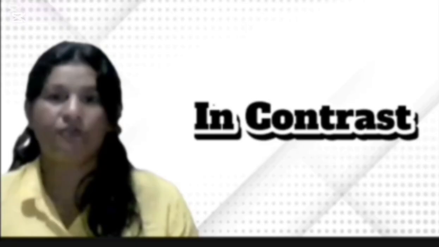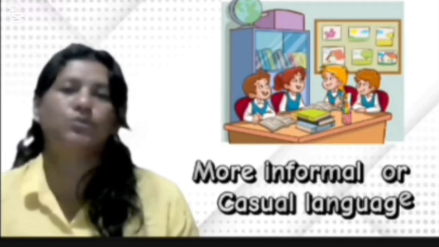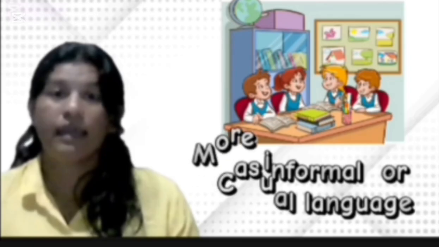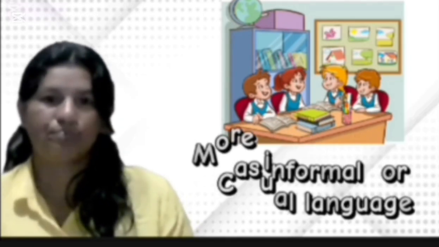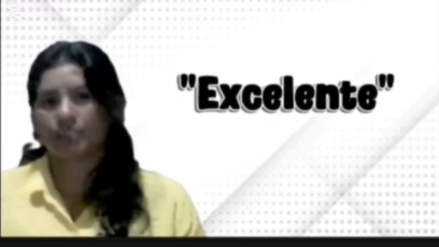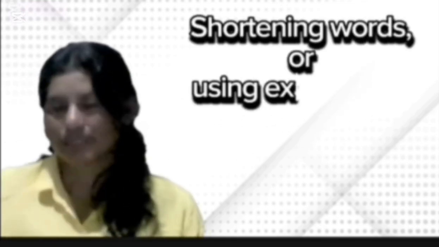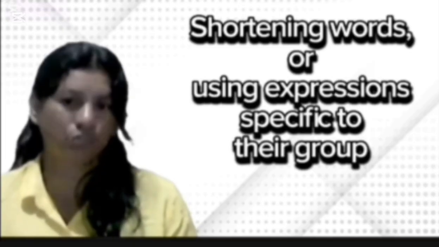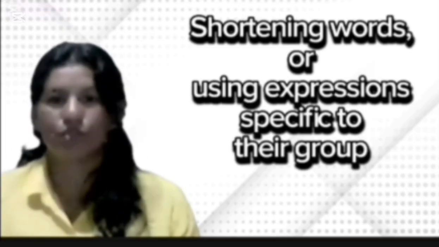In contrast, when they are with friends in a group activity, they may use more informal or casual language, like saying cool instead of excellent, using short tiny words, or using expressions specific to their group. This example shows how language use adapts to different situations and purposes.